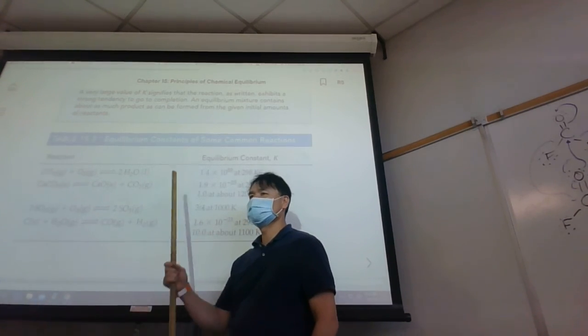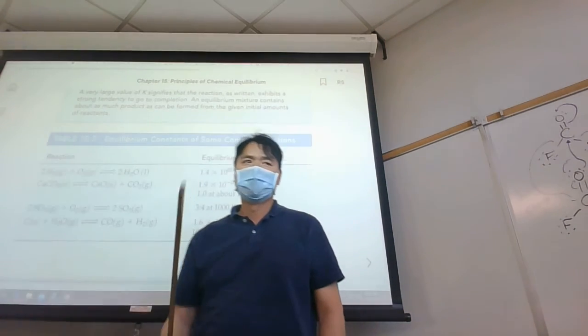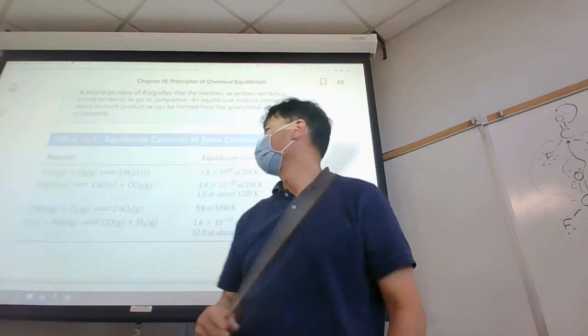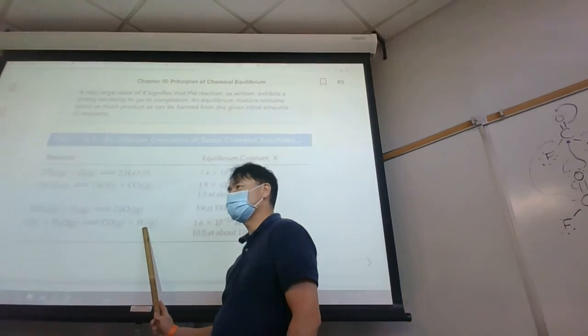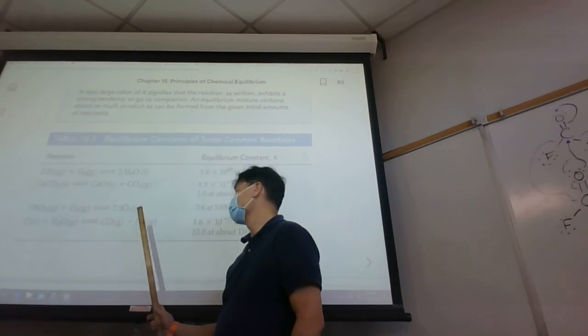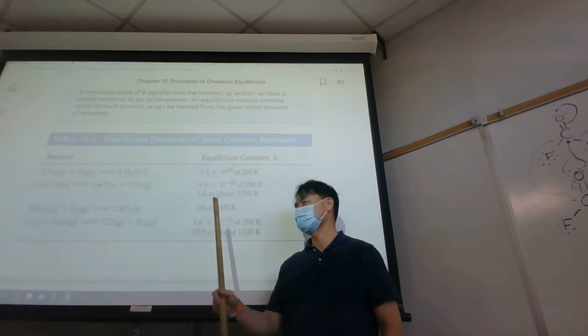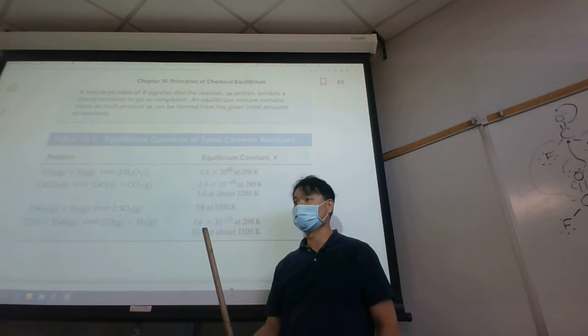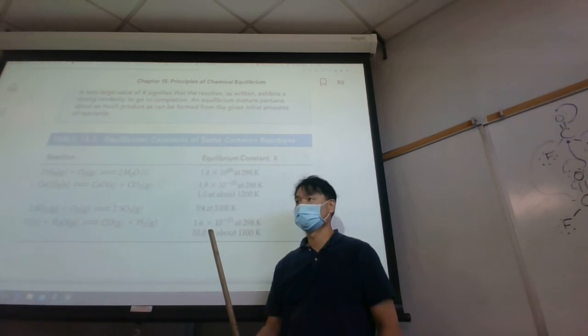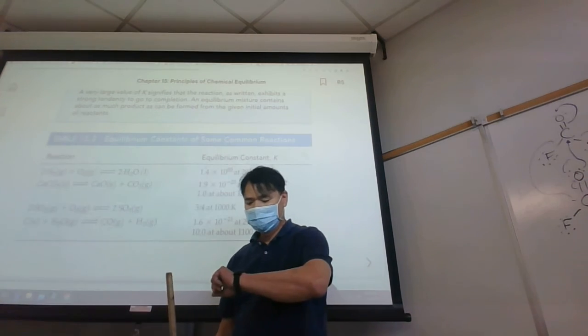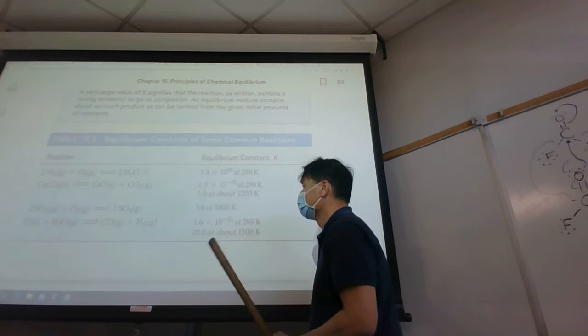It's like putting pencil lead in water. Are you going to expect to form hydrogen gas? No. That's like 10 to the minus 21. So in Chem 1A, we'd say the pencil lead is not going to react with water, because the equilibrium constant is so small.